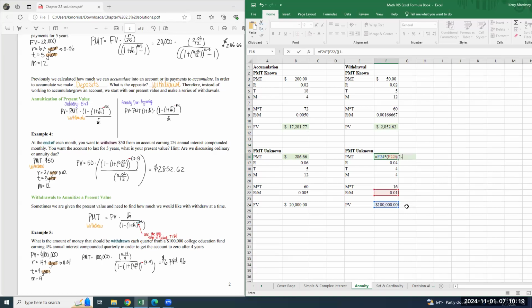So we have 1 minus parentheses, 1 plus R divided by M here, raised to the negative M times T. Close your parentheses, and then close the one to bring it all together, and then one more. So you'll see this is the equation that I have from above. And switch it into a monetary value.